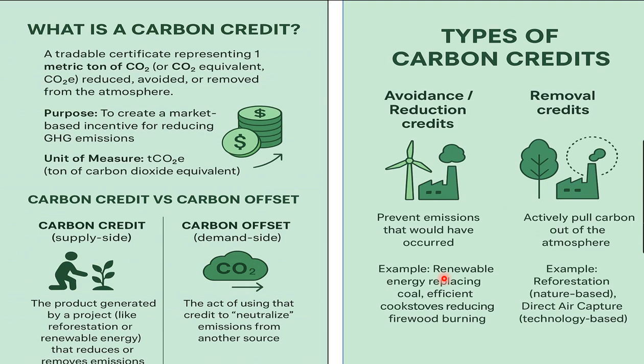Simply put, if I've confused you, renewable energy is replacing coal. If used, it is replacing coal, and so it is reducing that particular amount of greenhouse gas emissions in the atmosphere, right? It is not removing anything from the atmosphere, but it is reducing something.